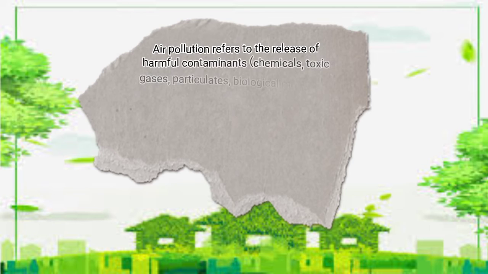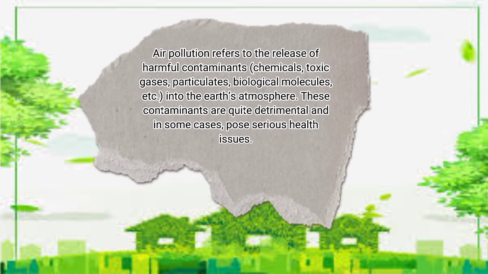Air pollution refers to the release of harmful contaminants, chemicals, toxic gases, particulates, biological molecules, and so on into the Earth's atmosphere. These contaminants are quite detrimental and in some cases pose serious health issues.